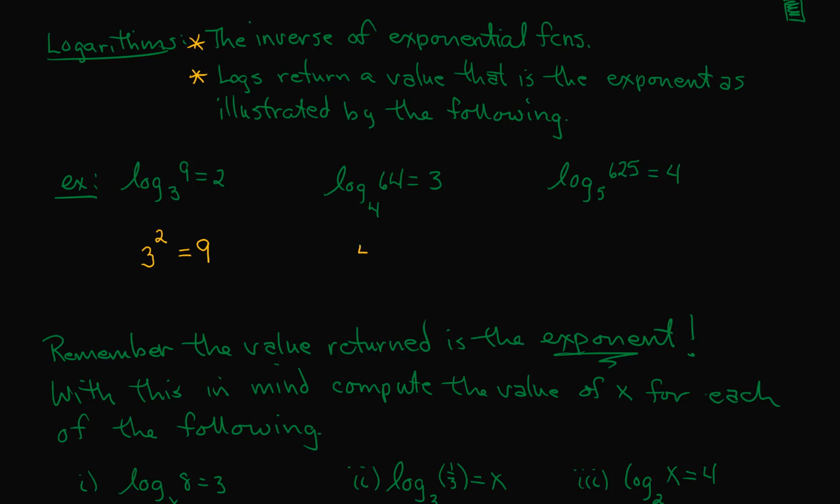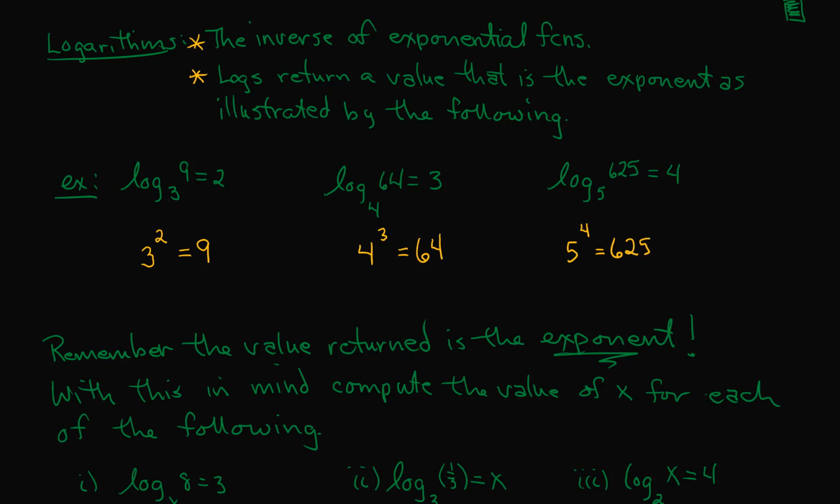This is the same thing as saying 4 raised to the third power is 64. And if you check it, 4 cubed is 64. In our third example, we have the log base 5 of 625 equals 4, which can be read as 5 raised to the fourth power is 625.